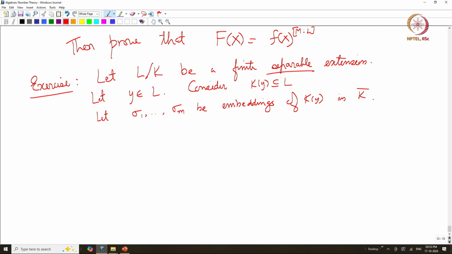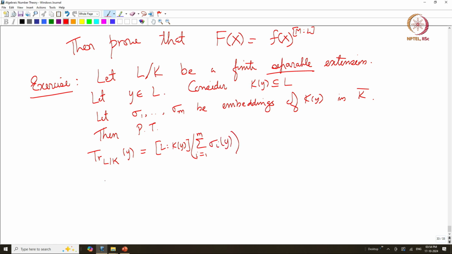So, again for this exercise I am fixing an algebraic closure K bar of K. Then I want you to prove that the trace from L to K of y is the degree of L over K(y) times the summation i going from 1 to m of sigma i of y.